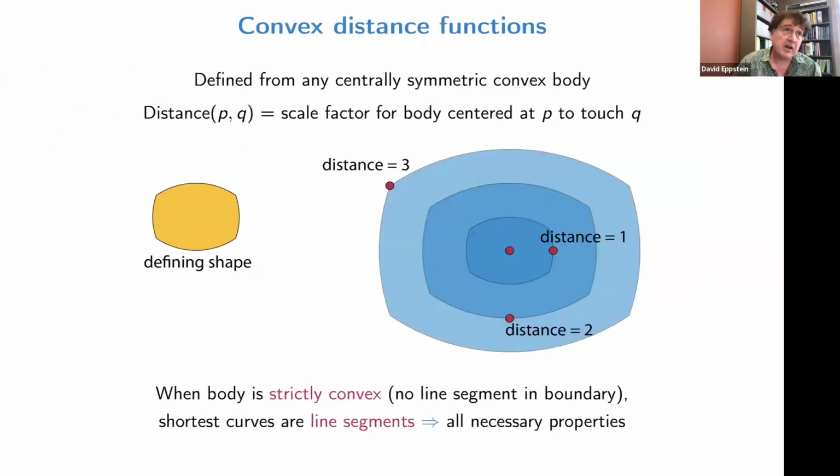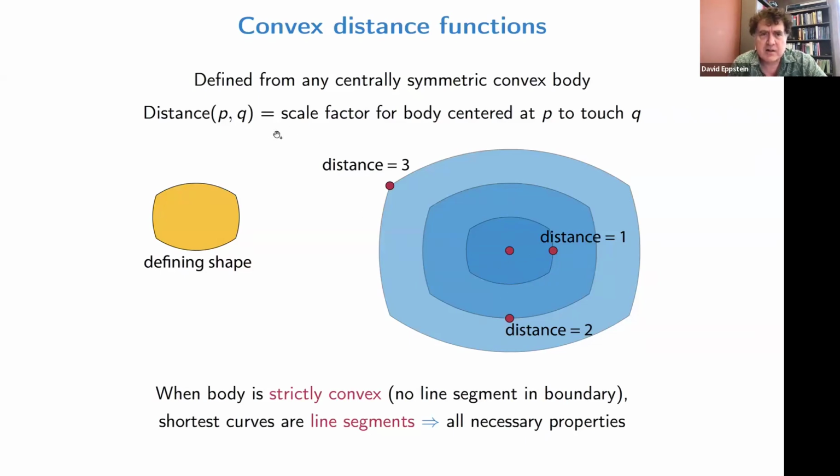So to start with, I've been talking about L1 and L infinity. Let's look more generally at convex distance functions. These are defined from any centrally symmetric convex body, like this rounded rectangle, where you define the distance from some point to another point to be the scale factor that you would need for the body centered at one of these points to touch the other point.